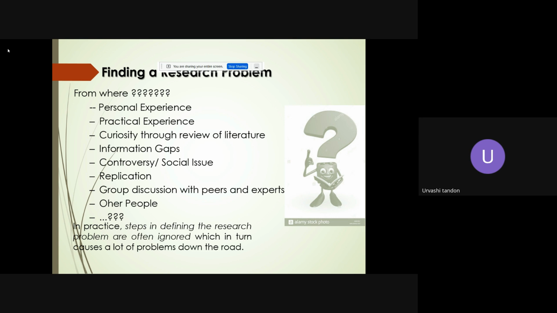And group discussion with peers and experts also leads to formulation of a problem, right? And at times you notice other people and wonder why the person is behaving in a particular manner. That could also lead to the formulation of a problem, right?